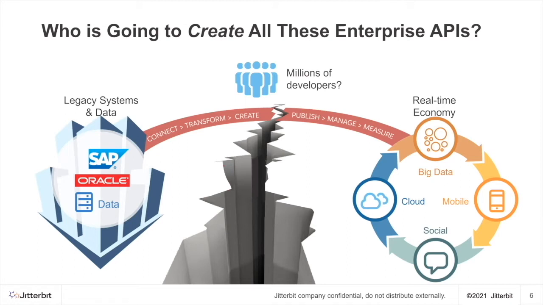Probably not, if you adopt API and iPaaS as your strategy to transform into building API and microservices. Many people will say you need millions of developers and millions of dollars, but my answer to that is no. And I'll show you on the next slide how.